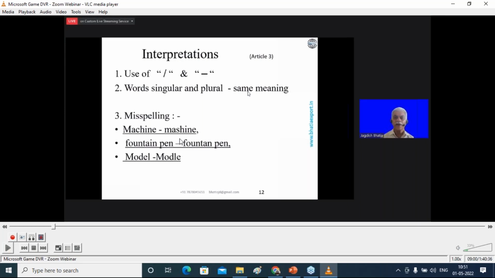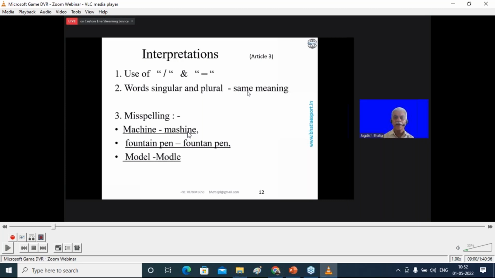But the interpretations now mention very clearly that small mistakes, like for example "machine" being misspelled, are covered. In English also, suppose "color" in British English we write as COLOUR, but in American English you see COLOR, the U has been removed. Similarly "realization": we write it one way, but Americans write it another way. So nowadays many countries have spelling differences even though it is English only; British English is different from American English.